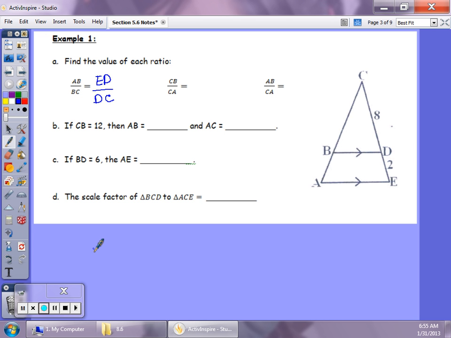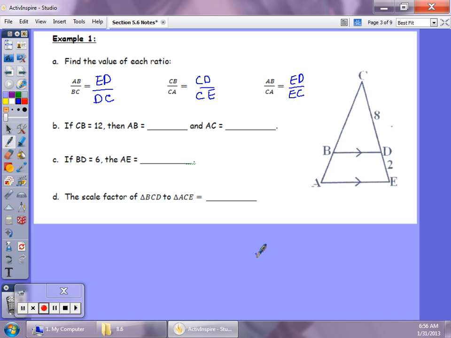If we are given CB over CA, we can conclude that CD over CE is going to be equal to CB over CA. If given AB over CA, that's going to be equal to ED over EC. At this time, go ahead and stop the video, take a look at the ratios, and make sure that you really understand why they are equivalent.